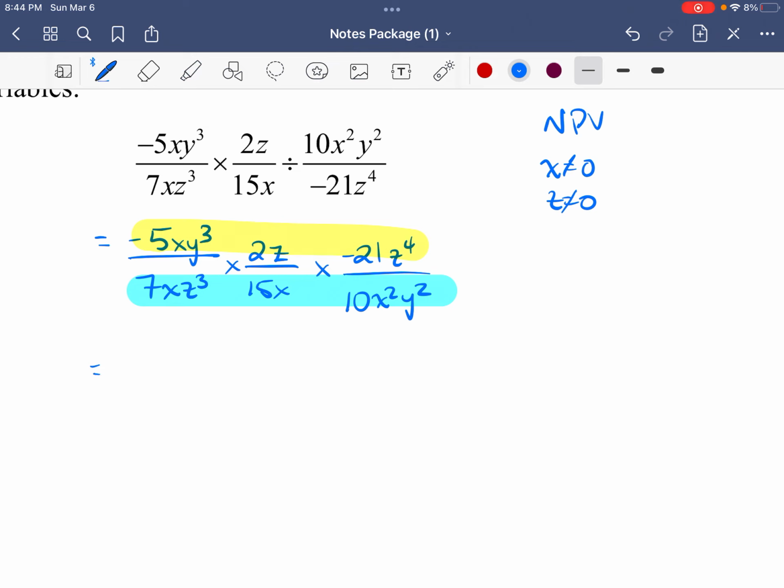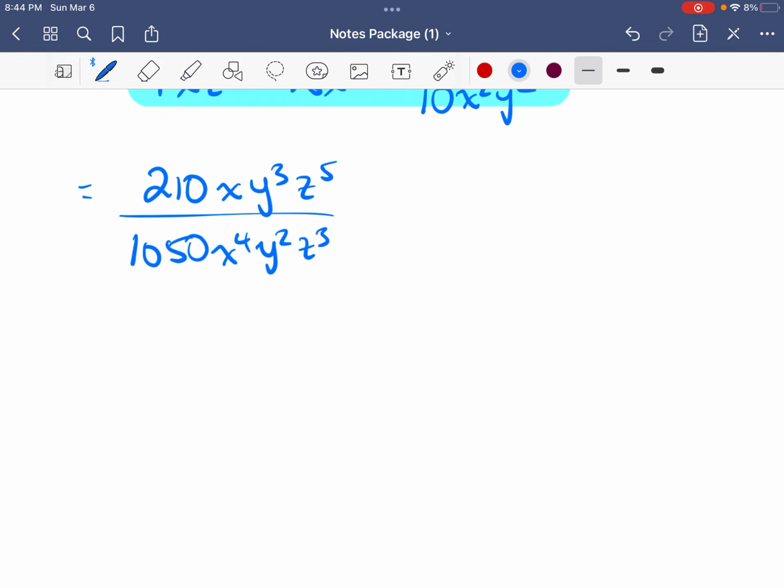So pause the video, see what you get. I'm going to create one whole number on the numerator. So negative 5 times 2 times negative 21 is 210 x y cubed z^5. And 7 times 15 times 10 is 1050 x^4 y squared z cubed.